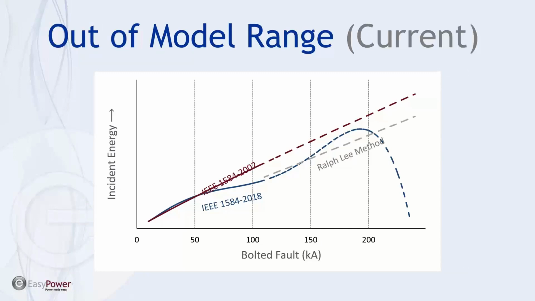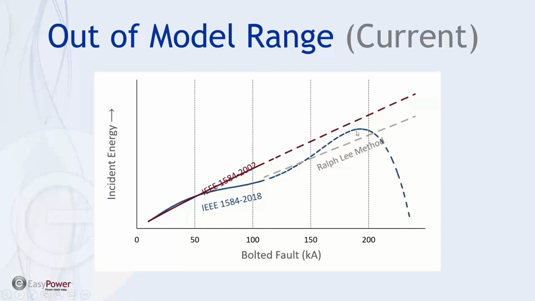Now, when we look at overall application of the 1584 2018 model, we've known all along that there's some dipsy-doodle in it, and that it has a limit on not exceeding certain current ranges. In high voltage, it's limited to 65,000 amps, and in low voltage, it's limited to 106,000 amps.